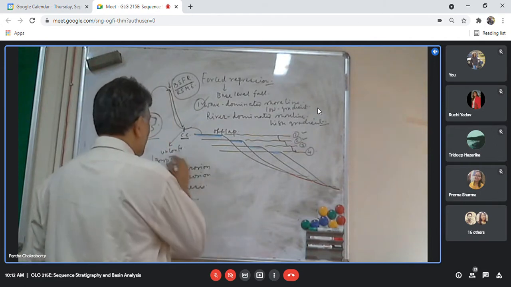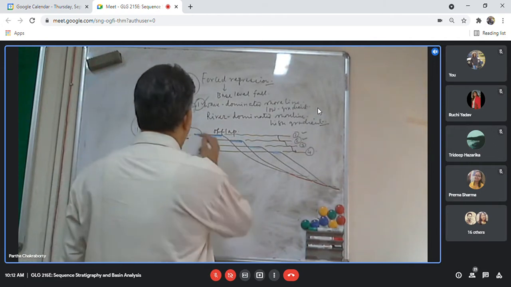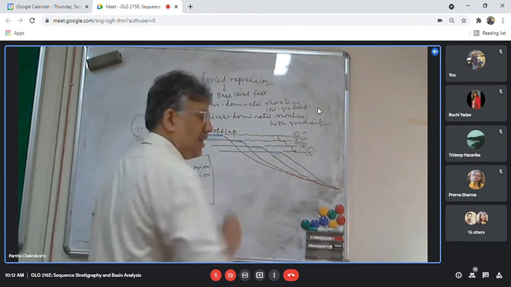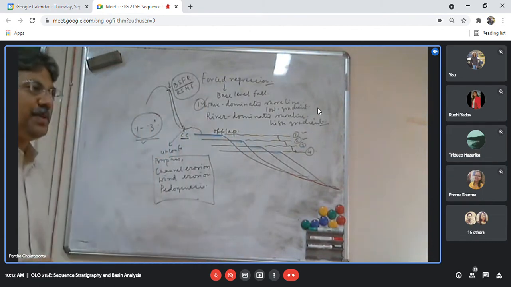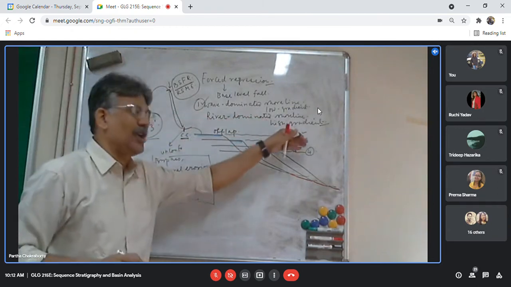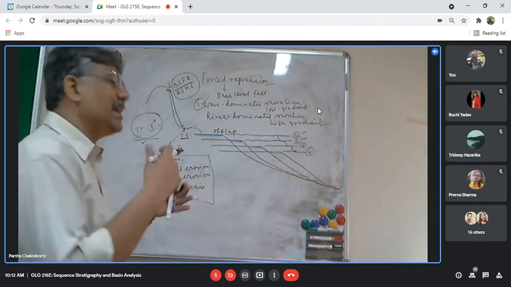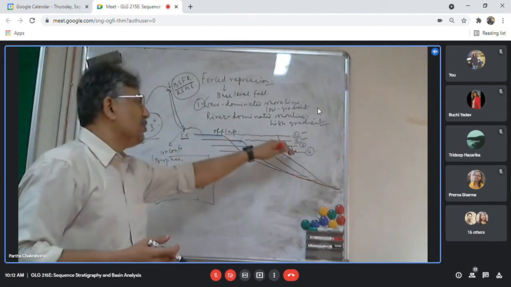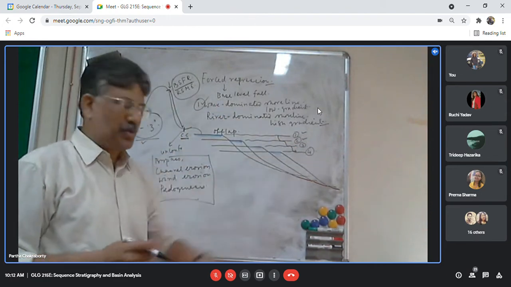All these will leave a signature at the top, because it is an unconformity surface, and the base level is continuously falling, thereby exposing this area which was earlier underwater.